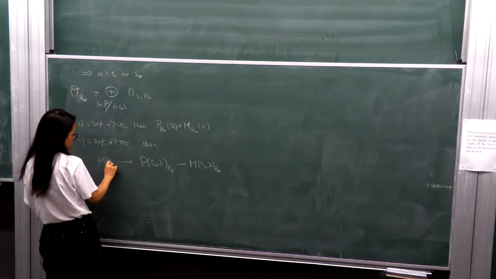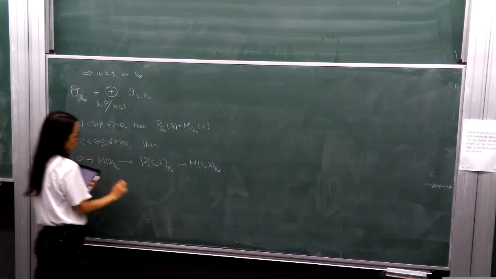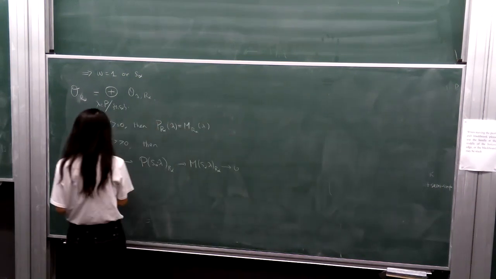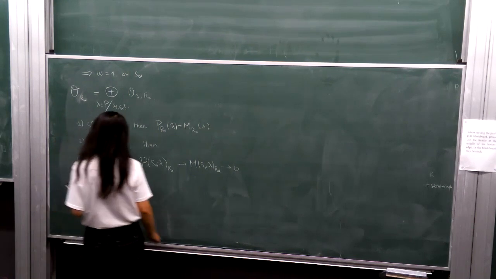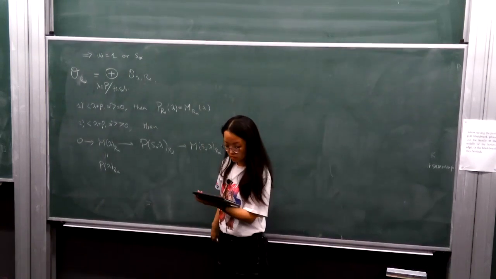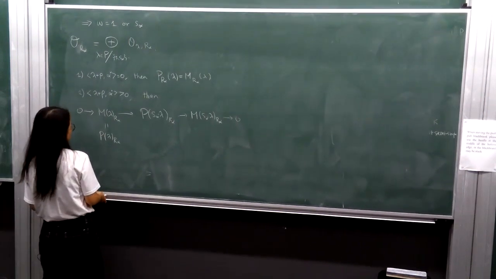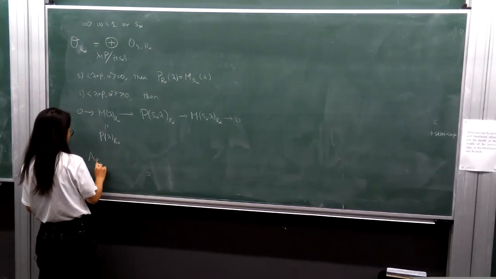So if you go back to what we did for SL2 in the first lecture, this is the same as P and R. Then to understand the structure of this block, we want to compute this string.